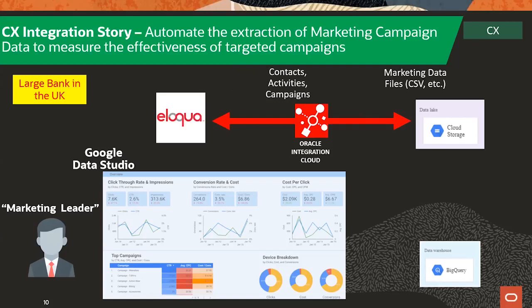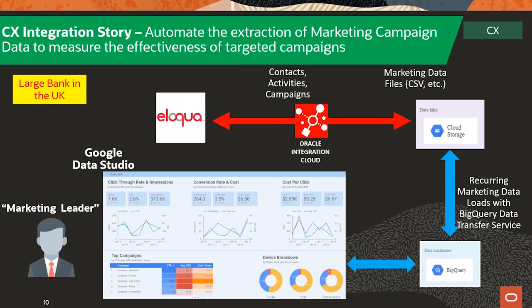And then BigQuery has this capability called BigQuery Data Transfer Service, where you can schedule transfers from files within Google Cloud Storage into BigQuery. So then they could use Google Data Studio on top of BigQuery to visualize those metrics and insights. So this is a project that is live right now.